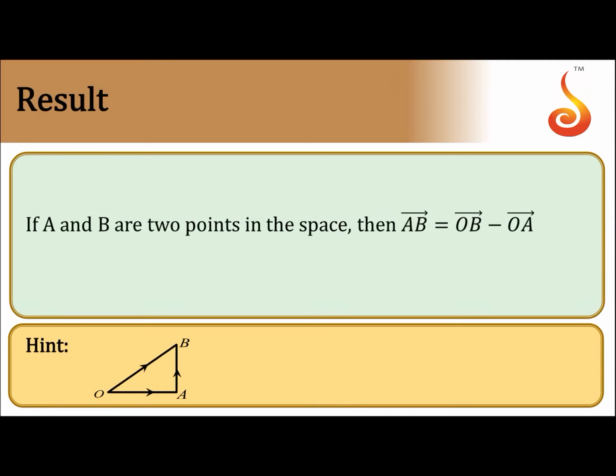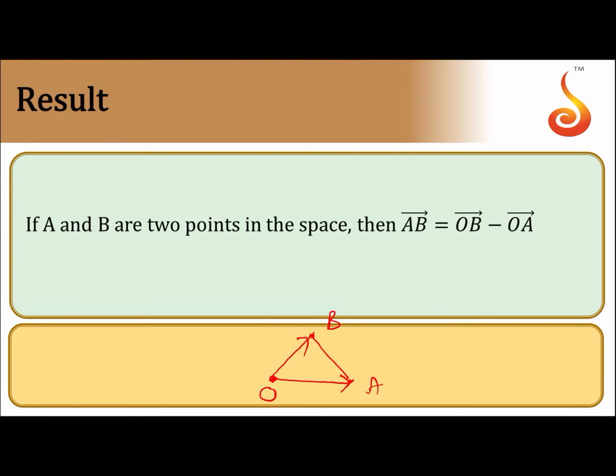With reference to the origin, let me take up here: O is a fixed point in space, A is any one point and B is another point given to you. AB bar is equal to OB minus OA. OA bar is the position vector of the point A with reference to the origin, and OB bar is the position vector of B with reference to the origin.